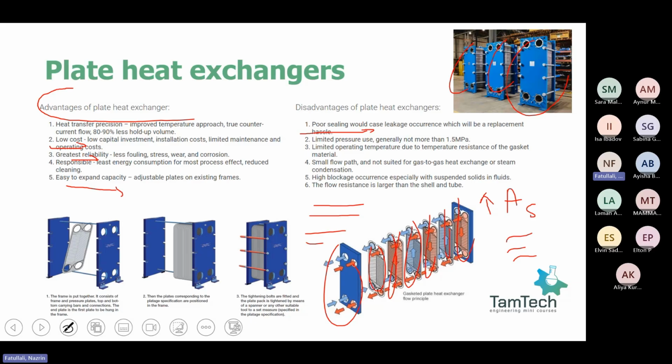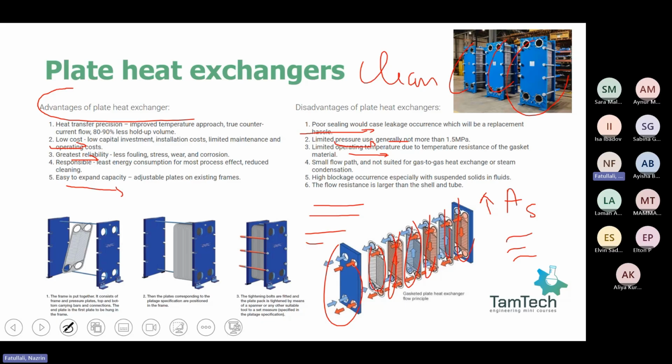Also, high temperature and high operating pressure limit your application. It's out of the plate exchanger's scope. But where they shine, if you ask where I can use a plate exchanger, I would say if you have a clean stream, as I mentioned, if your utility service is clean, or your space is tight, or your pressure is moderate, or your temperature is in range, you can use it.